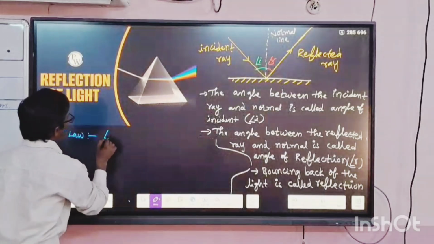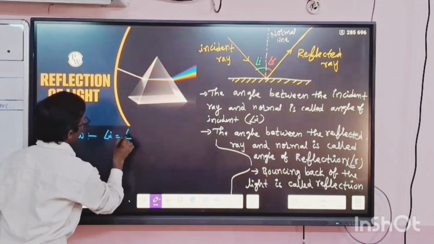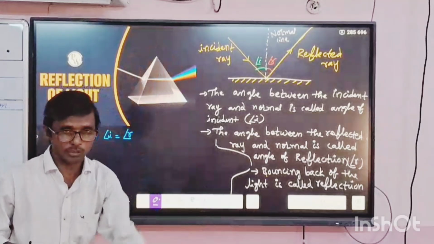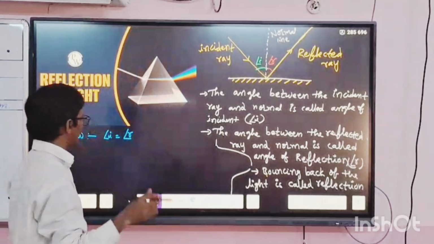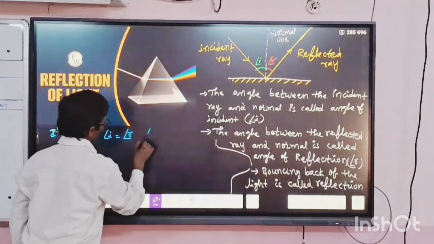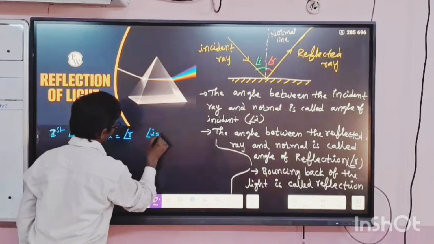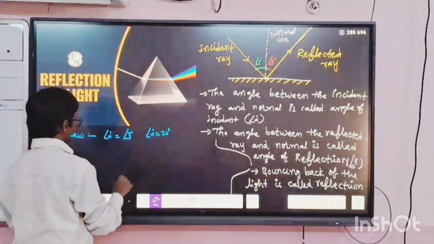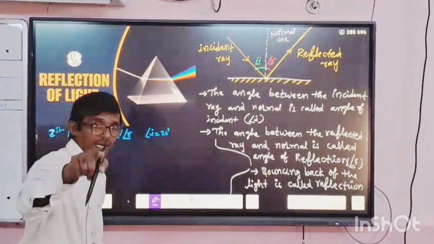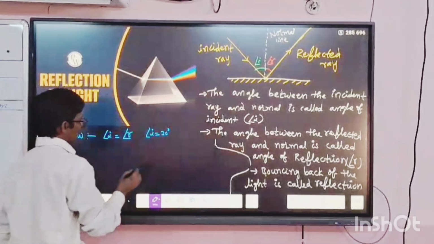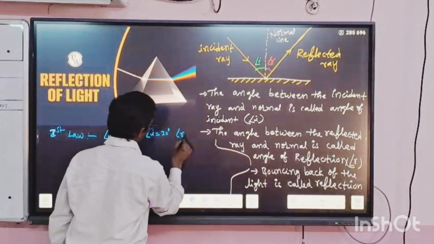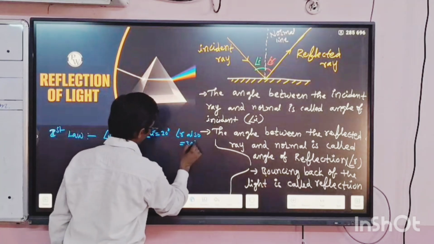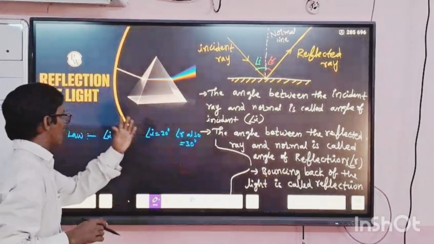Angle I is equal to angle R. Suppose the angle of incidence is 30 degrees. What is the angle of reflection? According to the first law, the angle of incidence equals the angle of reflection, so angle R is also 30 degrees. Based on that, we explain the first law.